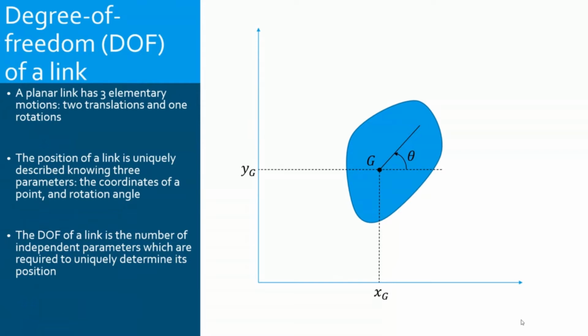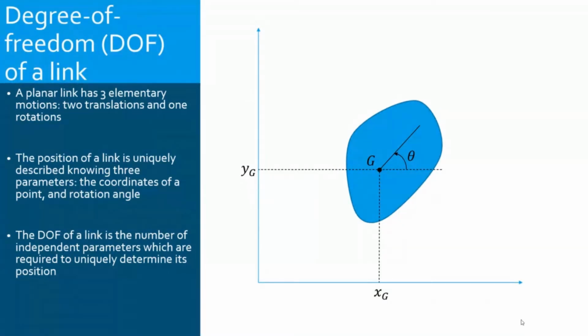The degree of freedom of a body or a link is the number of independent parameters that are required or needed to describe the motion, the body's position, in a unique way.